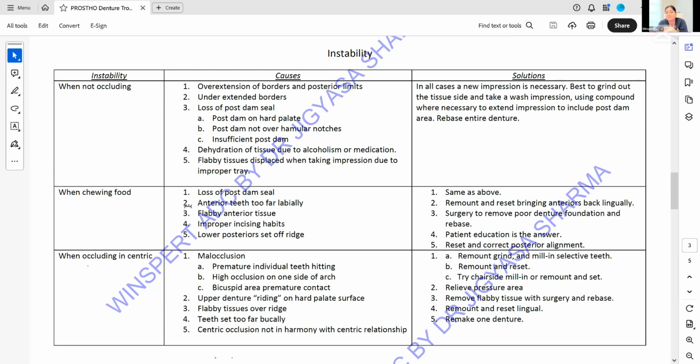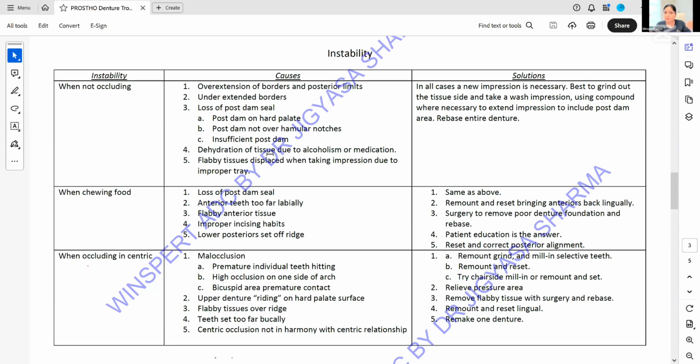Now, even slight excessive VDO is identified by the patient with pain and discomfort. So there's only a limit of 2 to 4 mm of freeway space that a patient can physiologically accept. Anything below that, the patient will have a constant load on the ridges and a discomfort, right? Because the freeway space is 2 to 4 mm, if it's really at the border of that, then it's actually not excessive VDO.